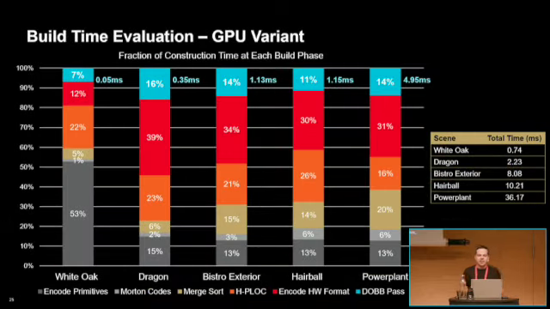In terms of build time evaluation for the GPU variant, that's something that I also wanted to show in this presentation. If you look at the individual phases, so that means all the steps we need to do in the build, it's important how long our extra step takes to construct those OBBs. And we picked from the smallest scene to the largest scene, wanted to see how that behaves. And our goal was to stay within the budget of 20% or 50%.